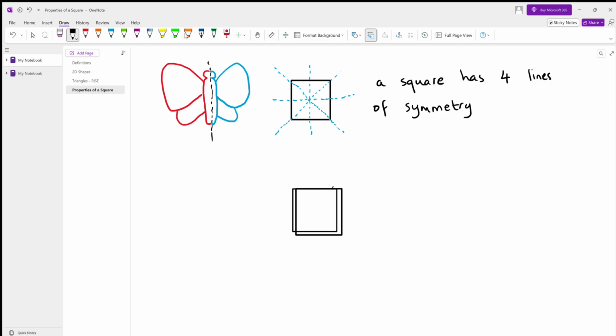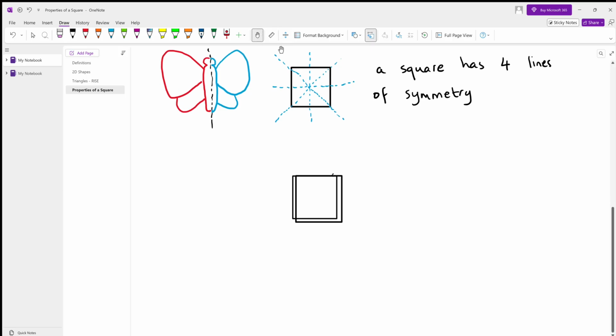No, I don't think I can. It's going to be difficult this, so let's see if I can manage it. Can I change the colour on that? Rotate, no.